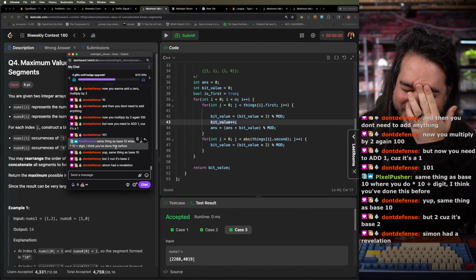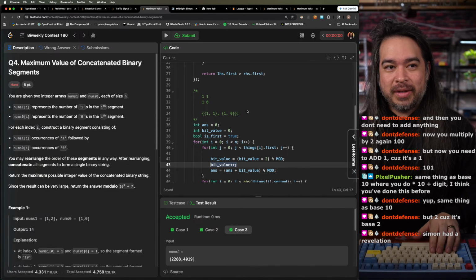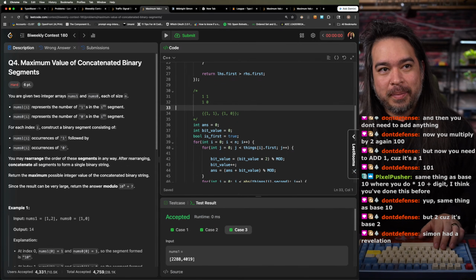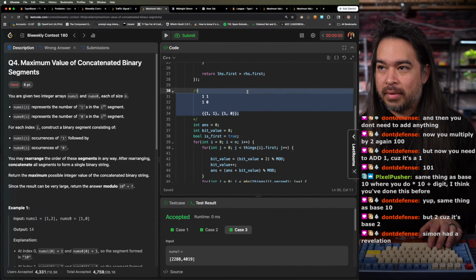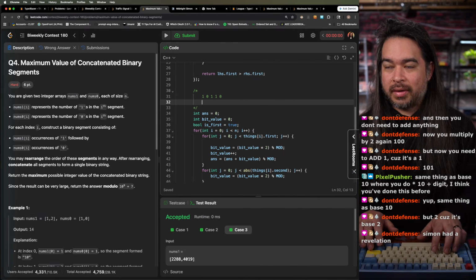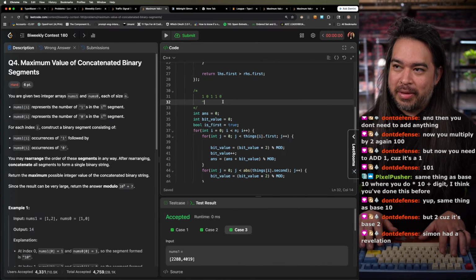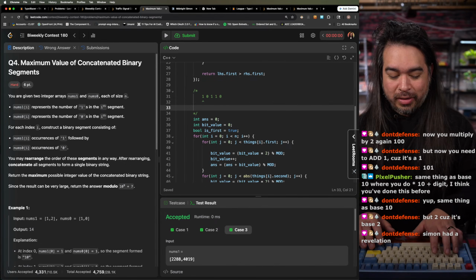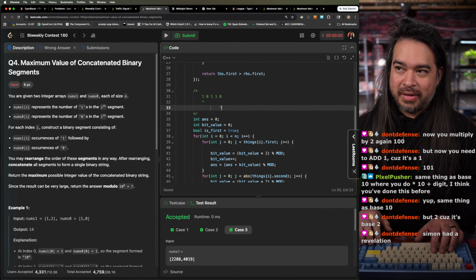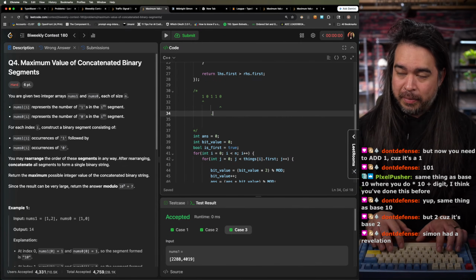Yeah, I see what you're saying though. So you're saying we're going left to right, but this whole time I'm thinking of going right to left this way. That's why I did my zeros first, you know.